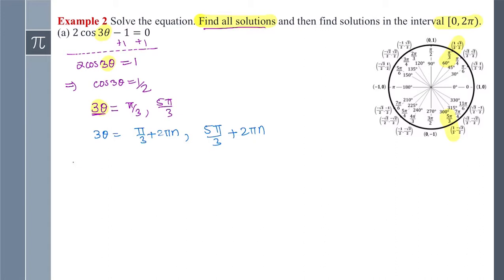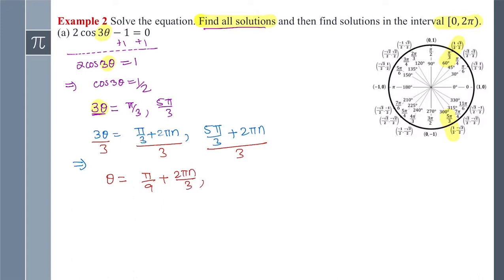Now we are supposed to find the value of theta, not 3 theta. So in order to find theta, we divide everything by 3. So we get theta equals pi over 3 divided by 3, which is pi over 9, plus 2 pi n over 3.